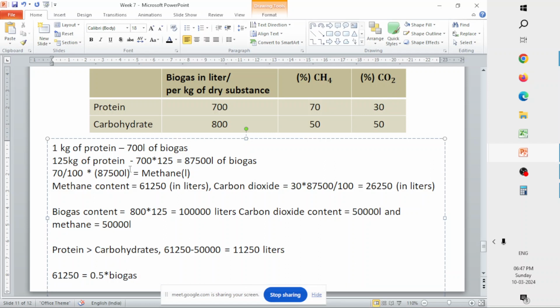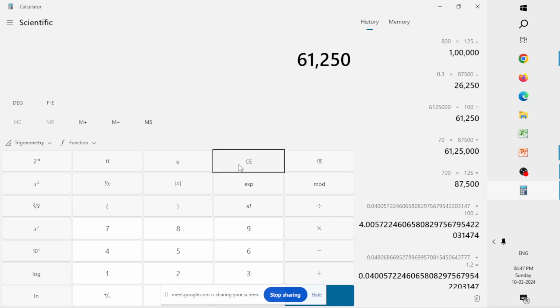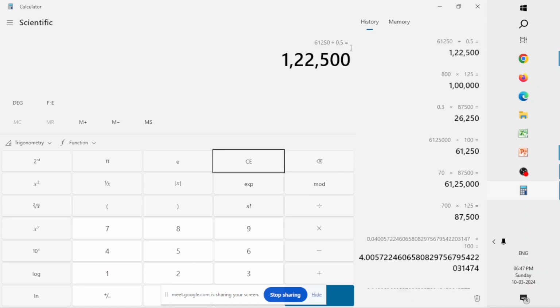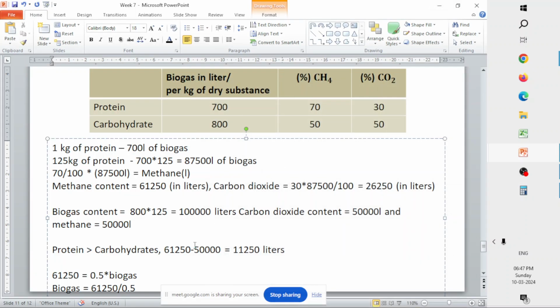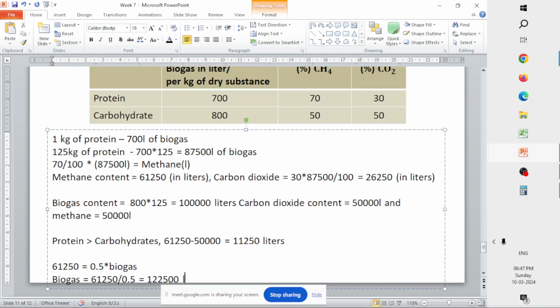So the total biogas that will be generated will be 1,22,500 liters. This much biogas is getting generated. So how much substance do I have to use?